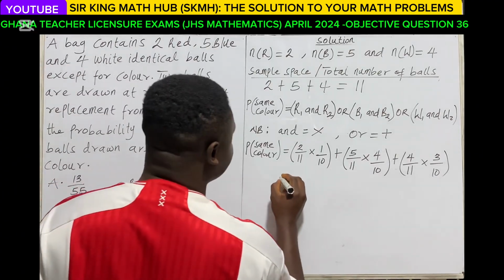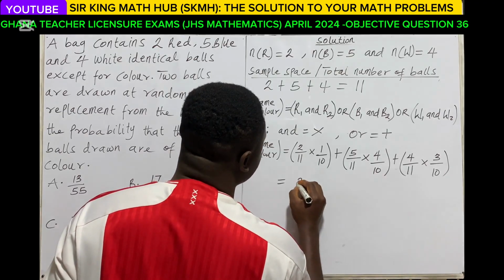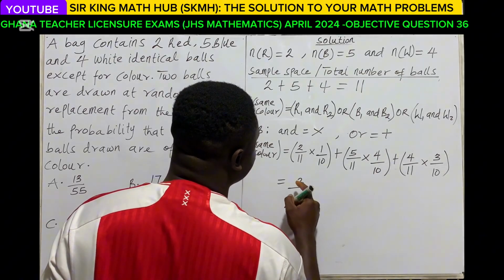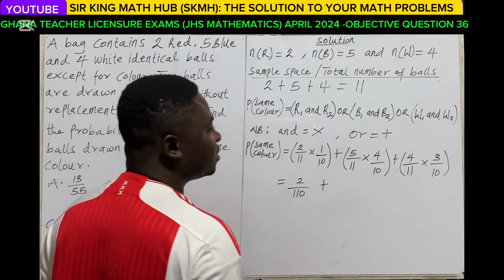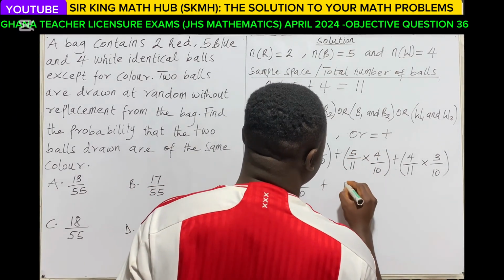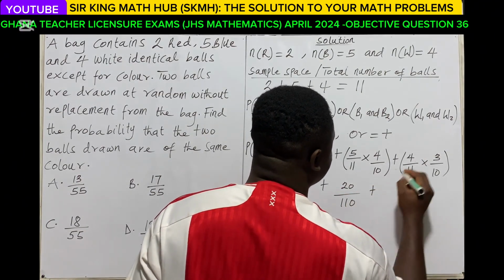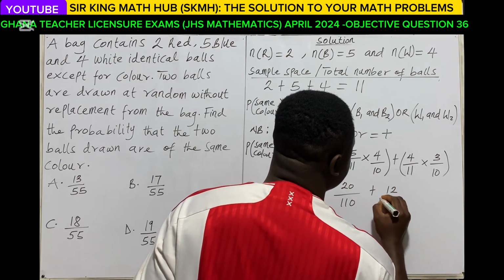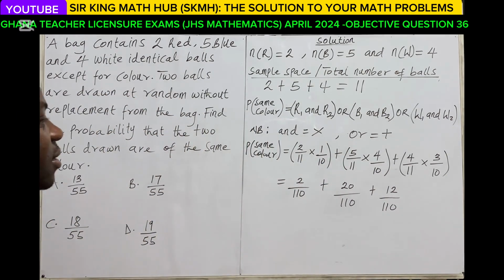So now let's simplify. 2 times 1, that is the numerator, we have 2. The denominator, 11 times 10, we have 110. Plus 5 times 4, 20 over 110. 4 times 3, we have 12 divided by 110.